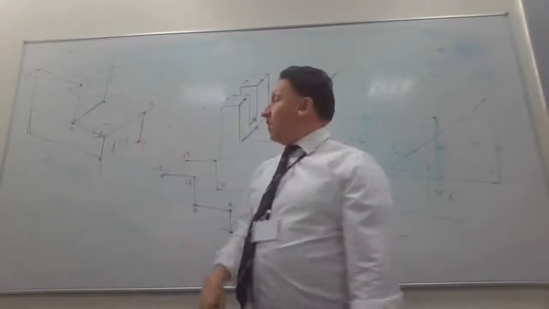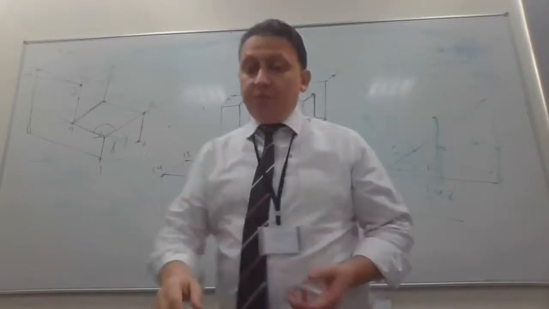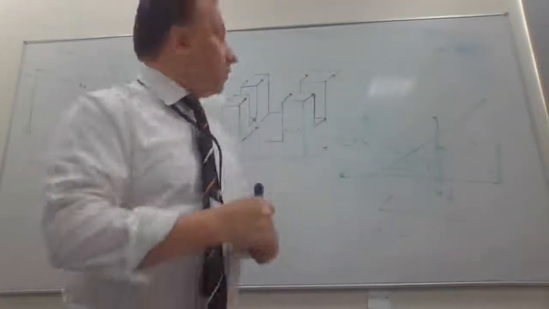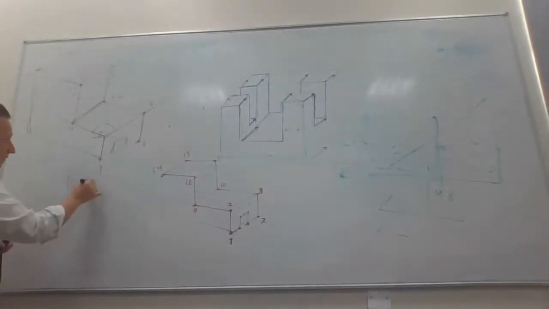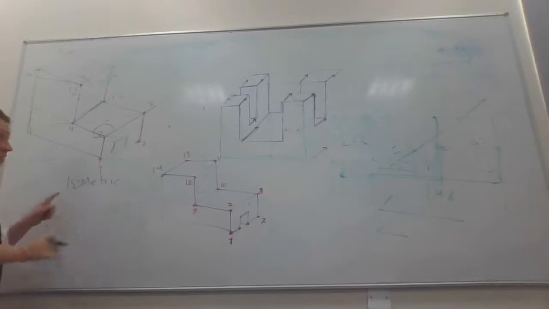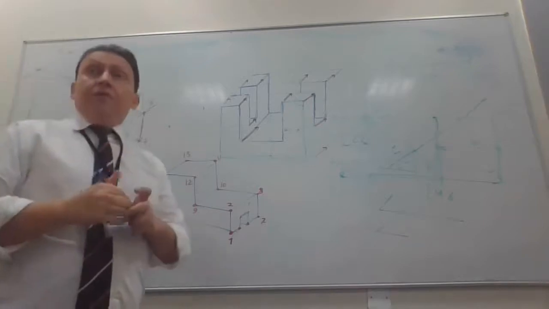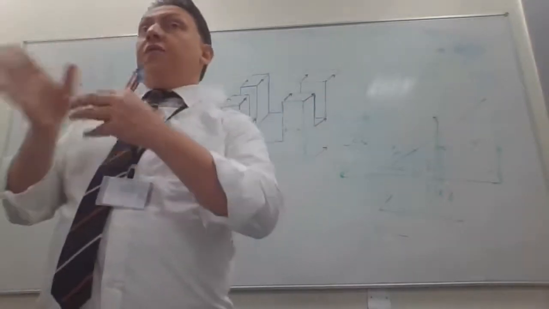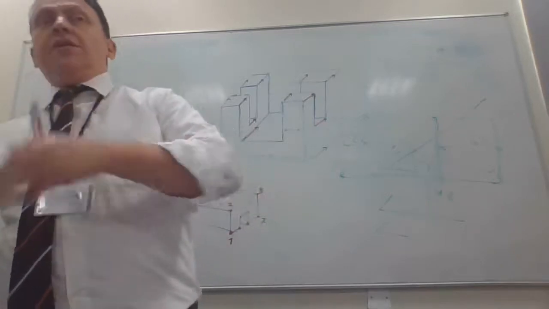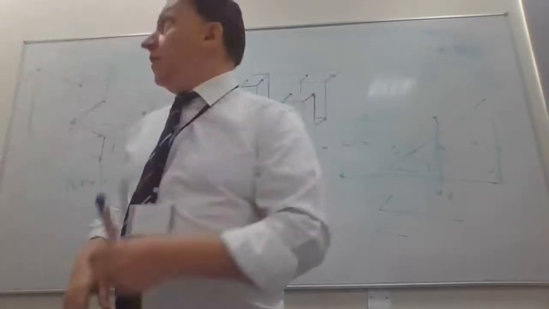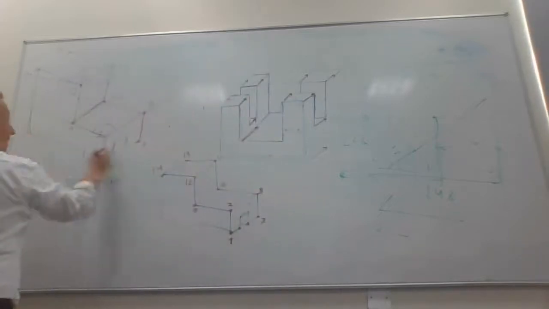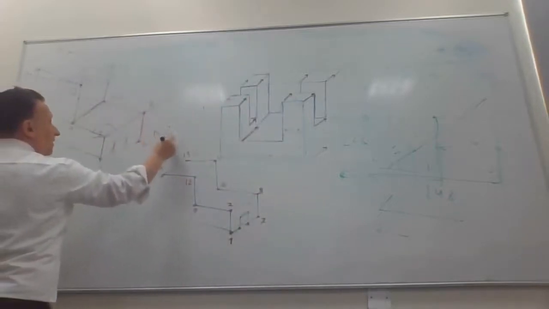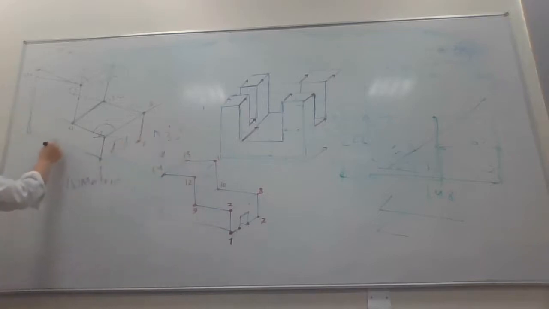How to do this? We have to understand that we have 3 types of views. The first one is called isometric. In this isometric view, you have to align 2 sides of the object, like the front view and the right side view, into 2 equal angles. This angle and this angle have to be 30 degrees.